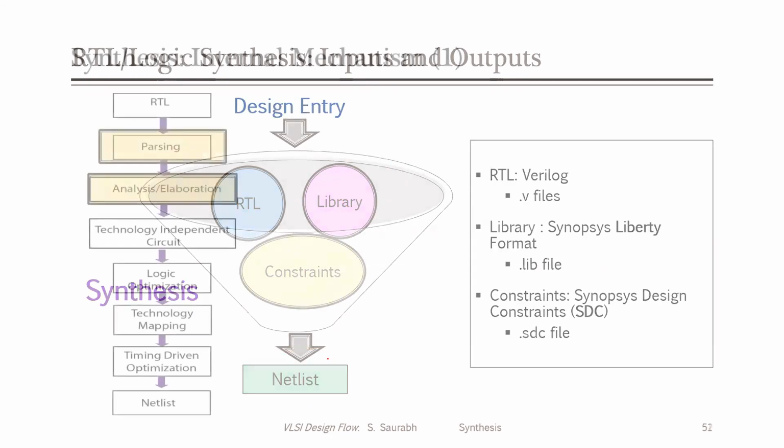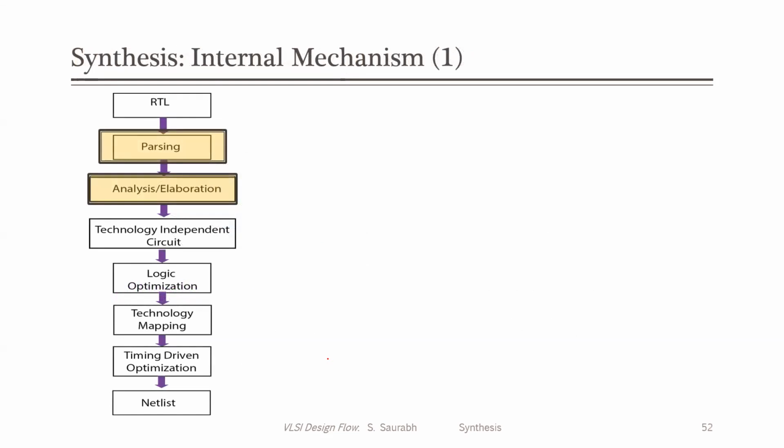Now, when you give an RTL, what are the steps that are done inside this tool to get this netlist? It is very important to understand, because many times you need to debug. I gave this circuit, so why did the logic synthesis tool give me this output?